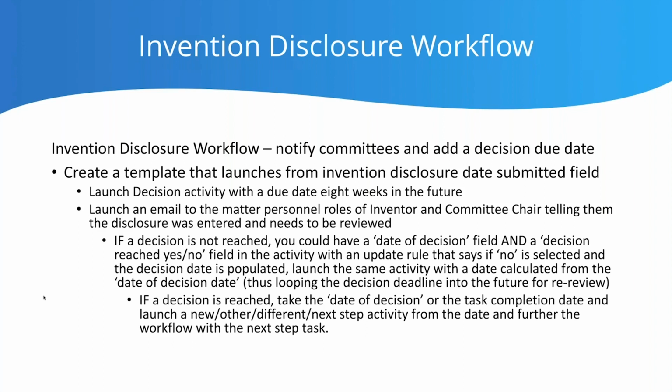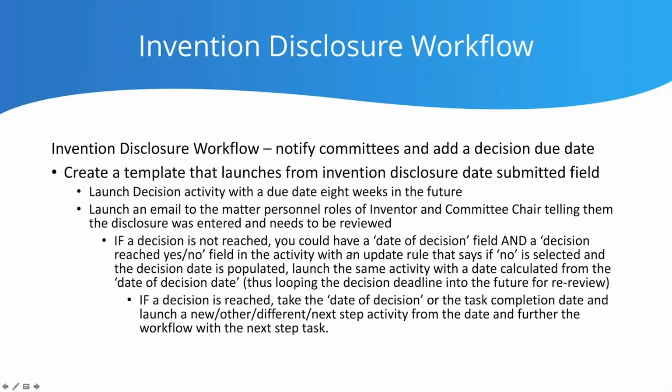So they have their 8 weeks to figure it out. We get close to the due date or at that due date, they either have made a decision or they have not made a decision. If they have not made a decision, we can have one process go. So if the decision hasn't been made, they'll fill in the date of the decision, but they'll also answer no to the question of a decision has been reached.